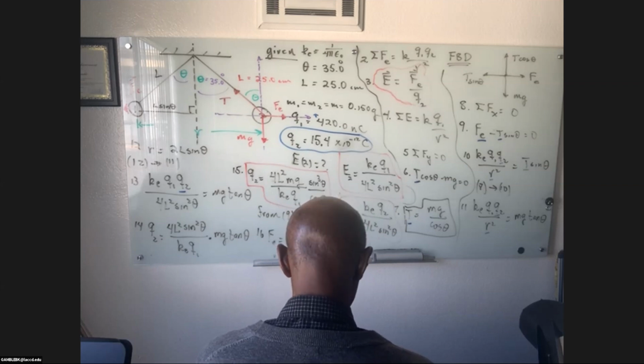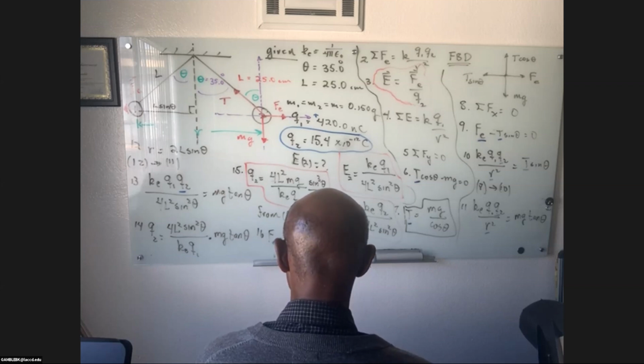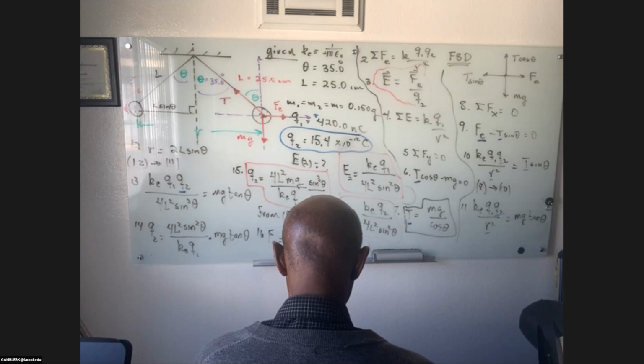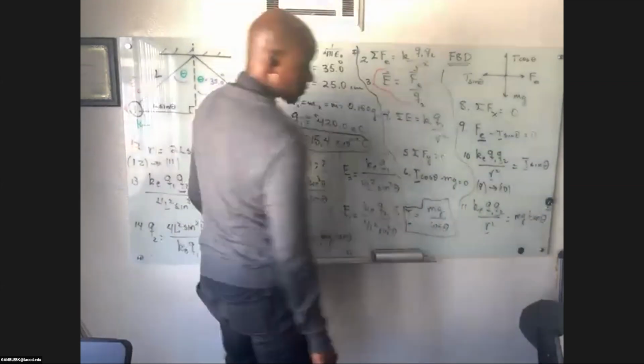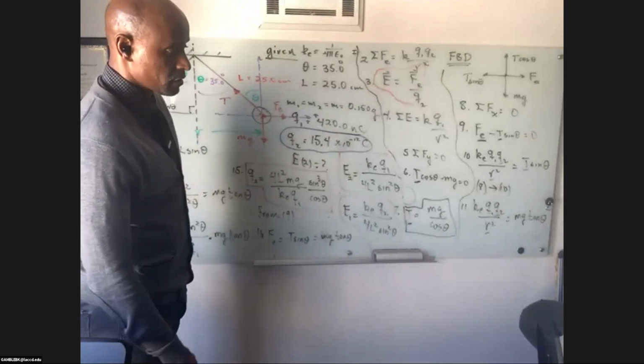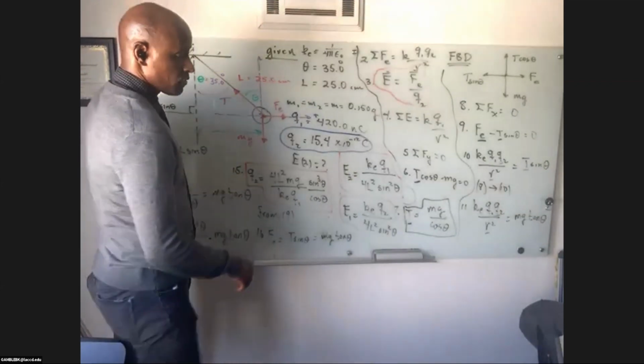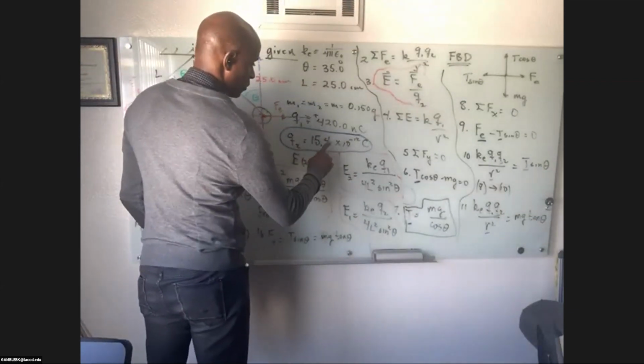Q1 is 426. Sorry about that. Yeah, it's going to change it, so it puts it on the same order of magnitude. So 22.4 nanocoulombs.